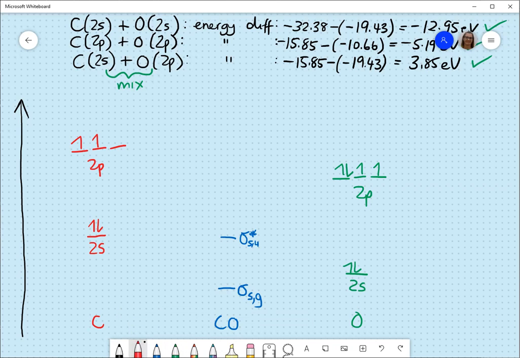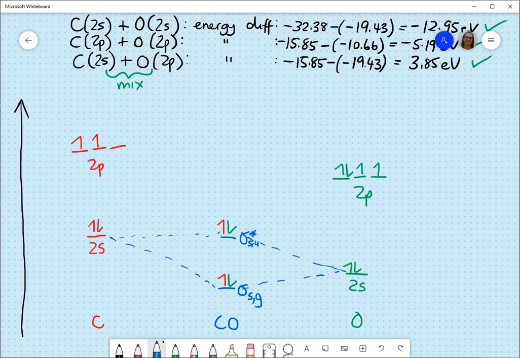We have 1 going into the bonding, another one from oxygen going into the bonding. The next one from carbon, and the next one from the oxygen. So that's roughly going to give us the interaction for the 2s interaction of both orbitals. Right. So that takes care of how we fill the electrons for the 2s interaction.